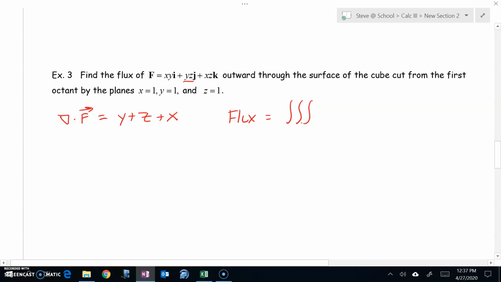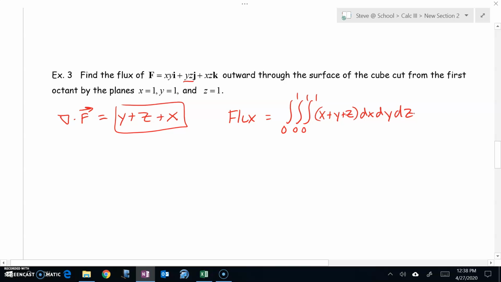Since it's a cube cut in the first octant by the planes x equals 1, y equals 1, z equals 1, that means that each bound is 0 to 1 for x, y, and z. My divergence we found was this, so we're going to just put that right here. I'm just going to put x plus y plus z, and then it's dx, dy, dz. So that is the setup for this problem.